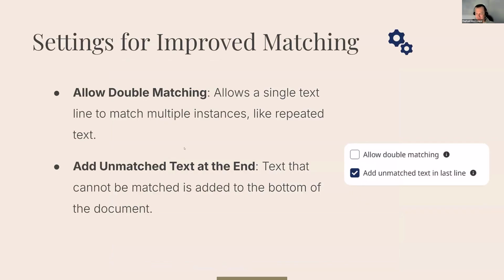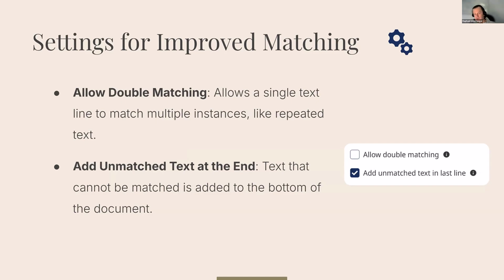Then settings for improved matching. They allow double matching. We have a process where, in the pre-selection, we allow only one instance of your text to be used per region. If you allow double matching, we allow the same text of your transcript to be matched to multiple regions.